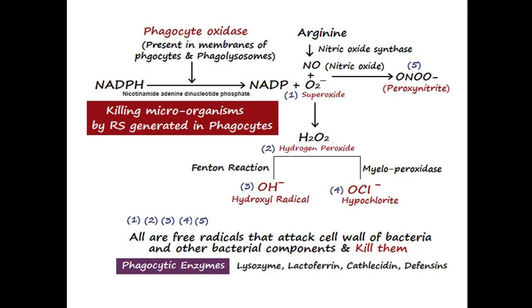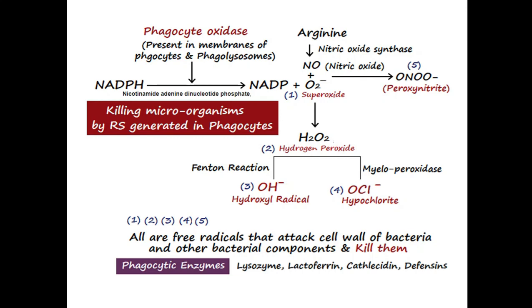And here we can see that the free radical induced damage has a beneficial role, which is used by the leukocytes, particularly the phagocytes, to kill the microorganisms. Right? So all these 5 free radicals attack the cell wall of the bacteria and other bacterial components, and they will kill the bacteria and degrade them.